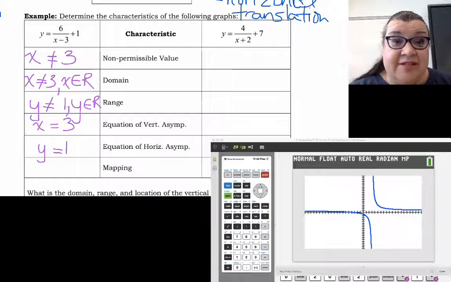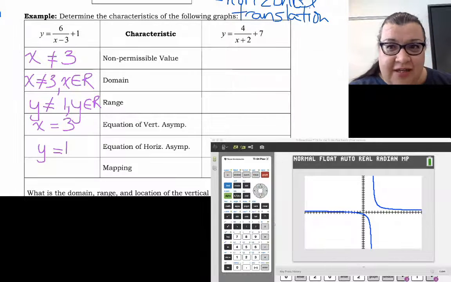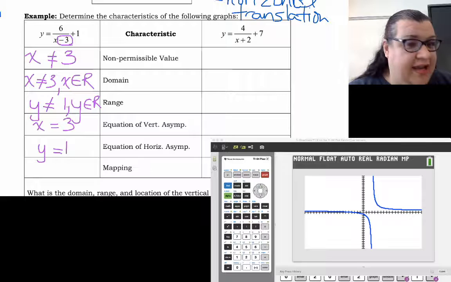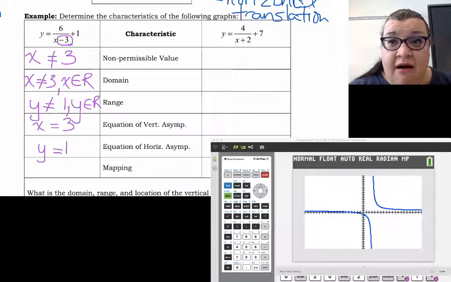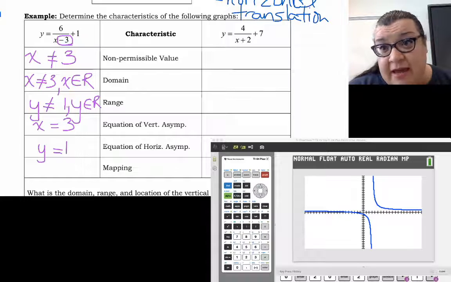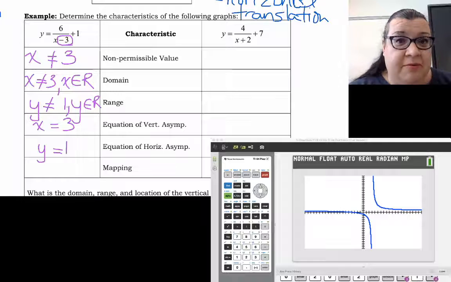Okay, so we see these exact same values in the equation, right? Our domain is related to our horizontal translation, moving left or right. That's also what makes our non-permissible value. So our non-permissible value, our domain, and our equation of our vertical asymptote are all related to the h value.